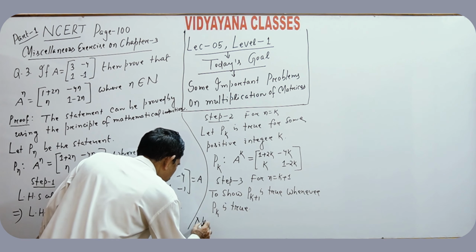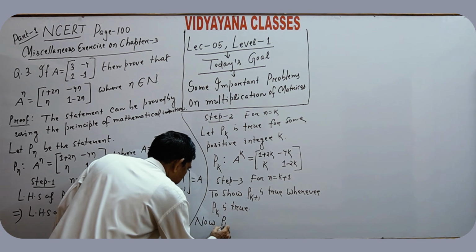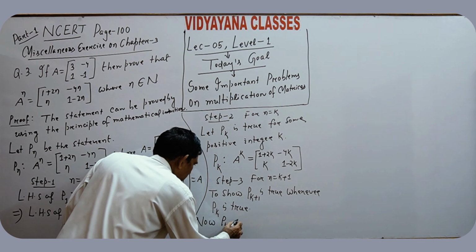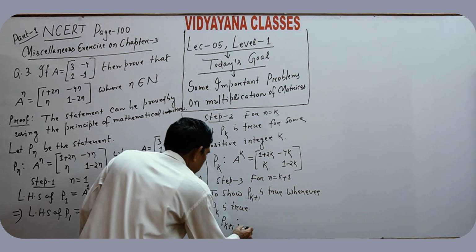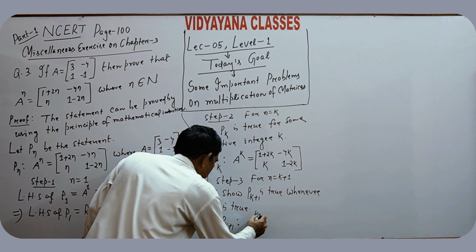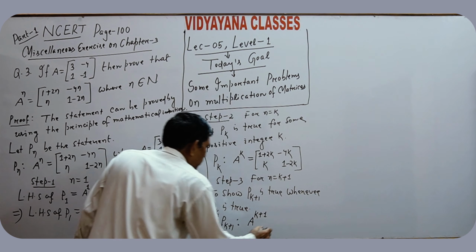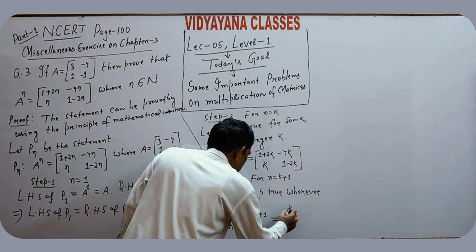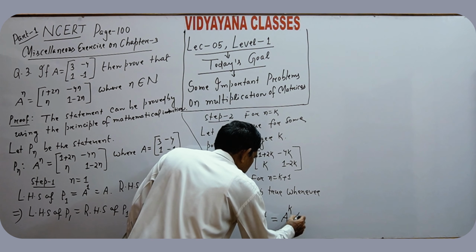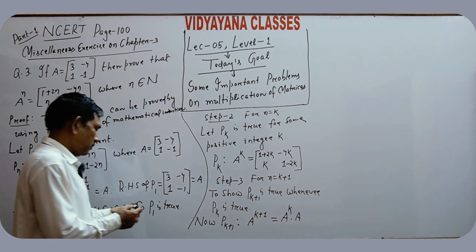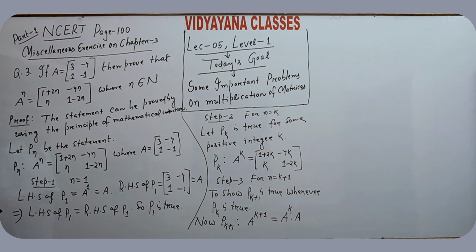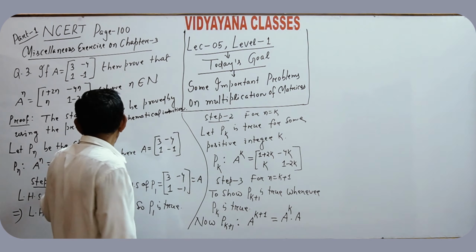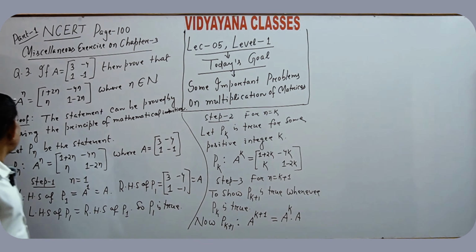Now P k plus 1, so that A to the power k plus 1, which is same as A to the k into A. For P k plus 1, the left hand side is A to the power n is k plus 1.